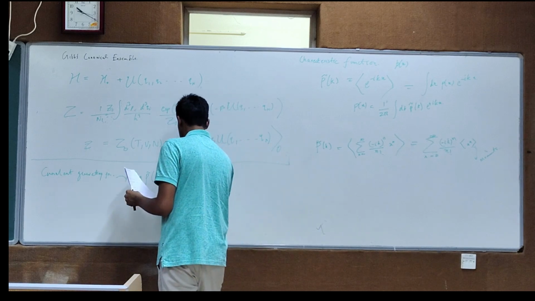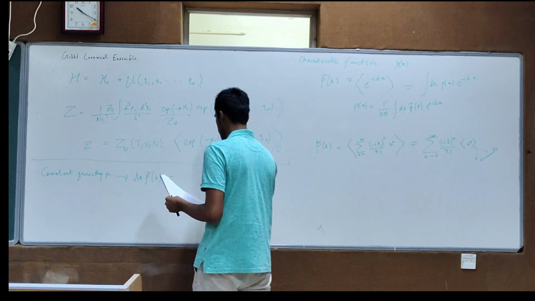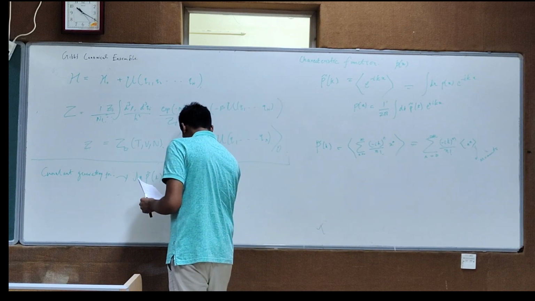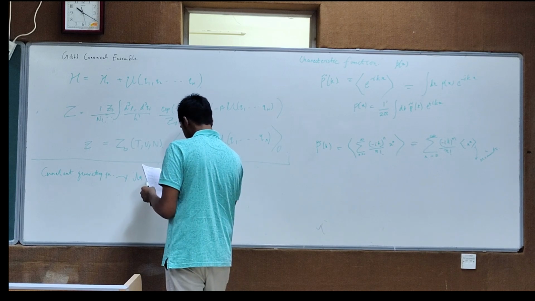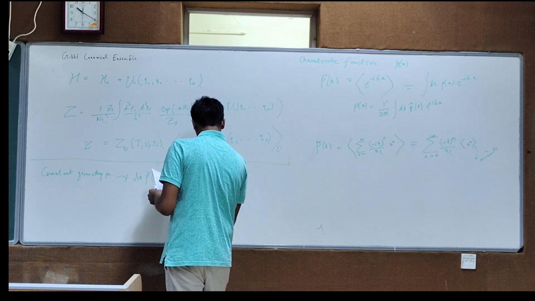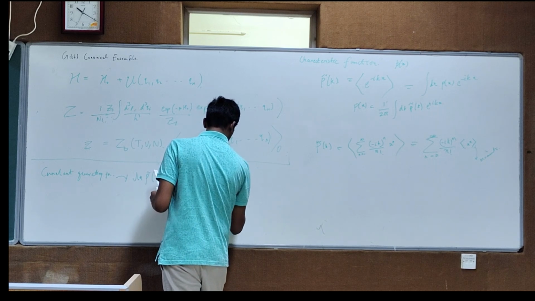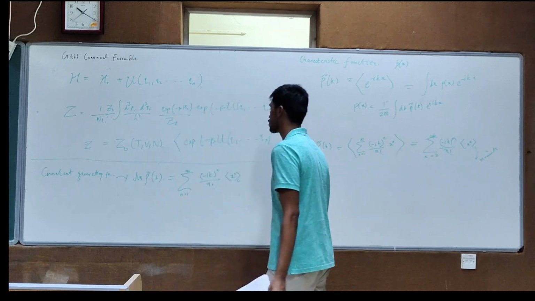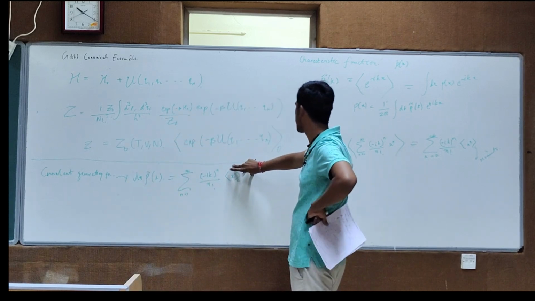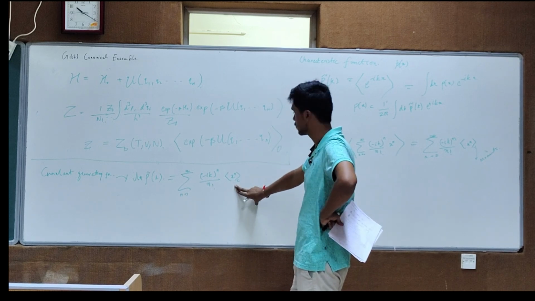This has an expansion in powers of k. Whatever the combination of x's that comes over here, we call that the nth cumulant.